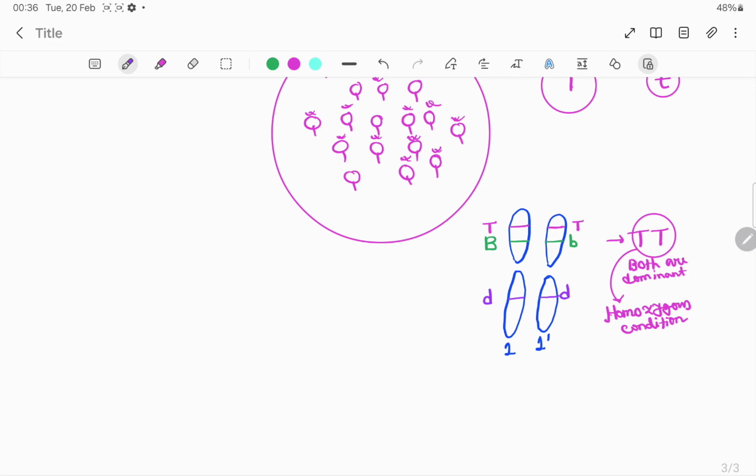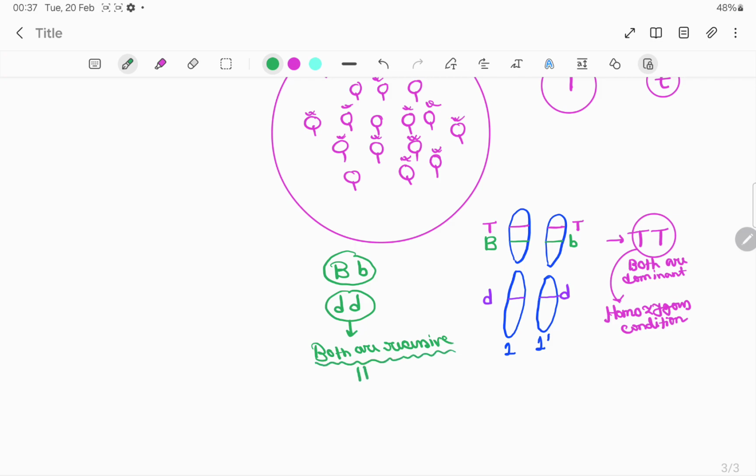Now this capital B, small b, and here you can write small d, small d. Clear? Now in this case again both alleles are the same, but both are recessive.